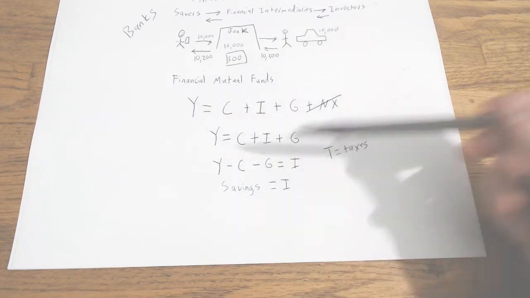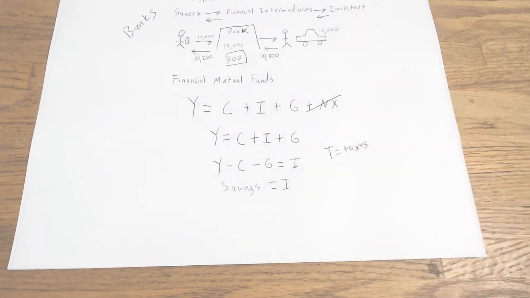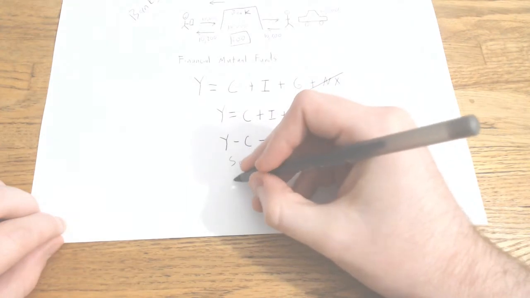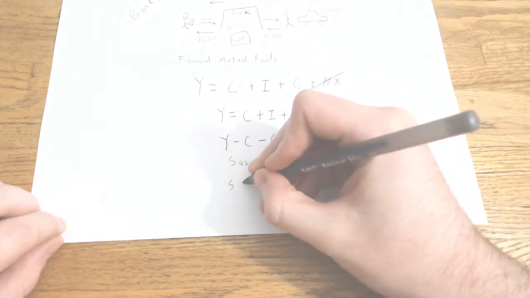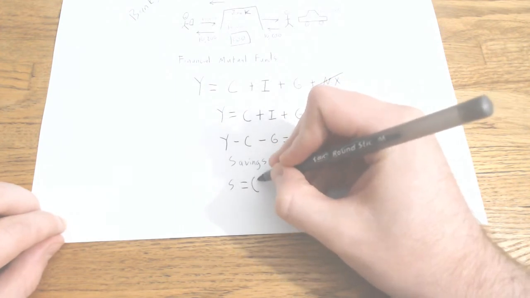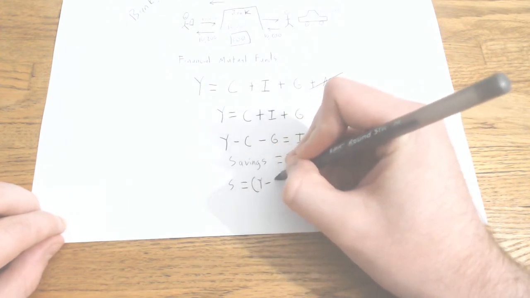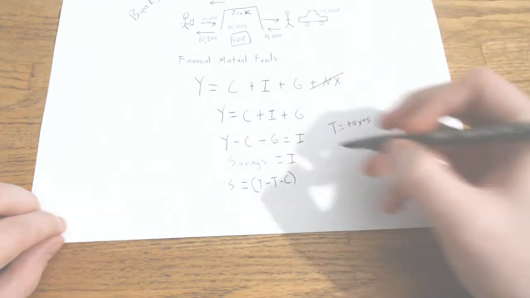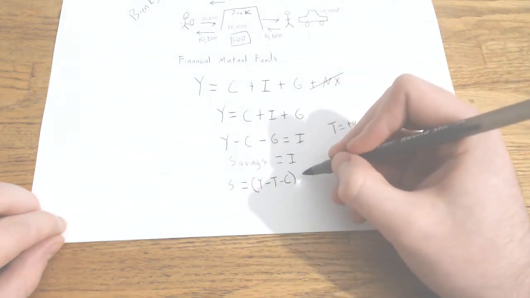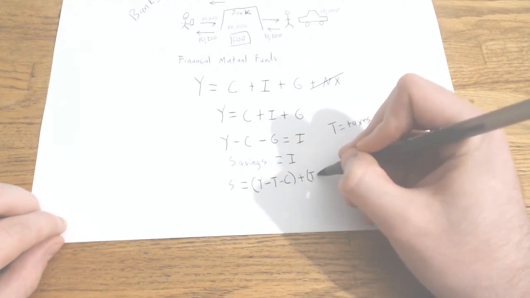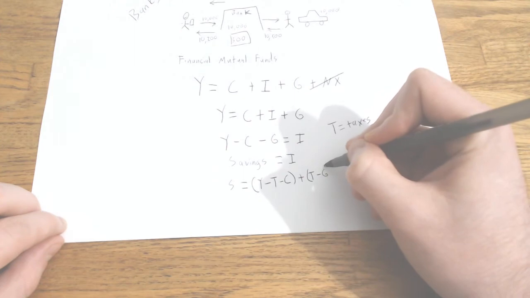But T is also the revenue for government purchases. So if I wanted to write what savings was equal to, I could say savings is equal to our income, which is going to be Y, minus the taxes, minus consumption, plus our tax revenue minus government purchases.